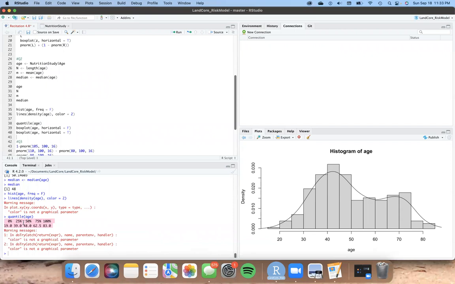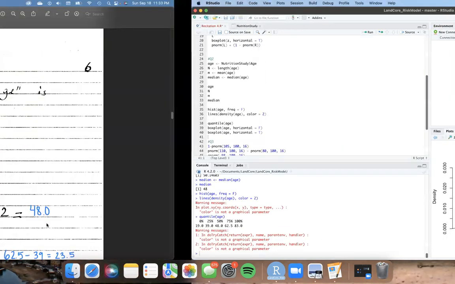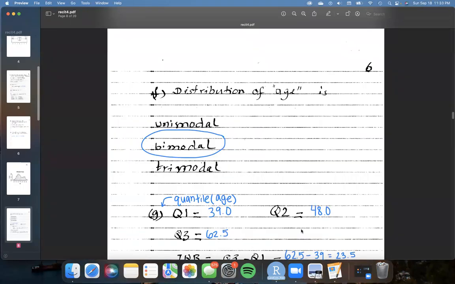So we're interested in these middle 3, the 25, 50%, and 75%. So 25% quantile is the first quartile, which is 39. Our quartile 2 is 48, and our quartile 3 is 62.5. So that's what I have written here.